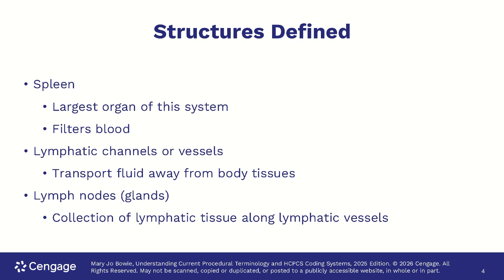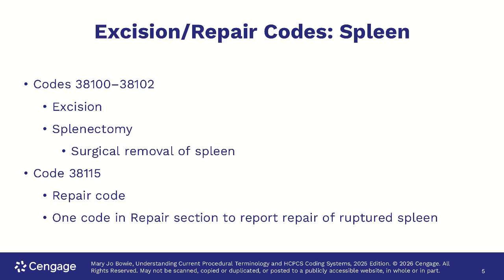Lymphatic vessels transport fluid in one direction only, and that's away from the body tissues. Lymph nodes, also known as lymph glands, are in various parts along the lymphatic vessels, and the nodes are a collection of lymphatic tissue. On to some codes.